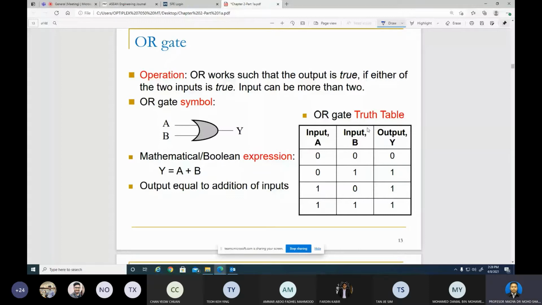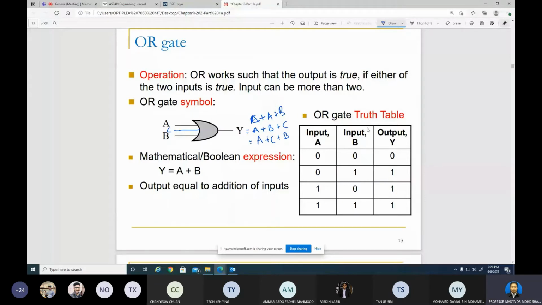In the mathematical or Boolean expression, the output here will be A plus B. For example, if we have another input C, then the output will be A plus B plus C. Or you can write A plus C plus D, or C plus A plus D, for example. All these answers will be correct.